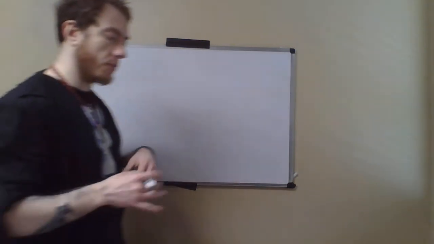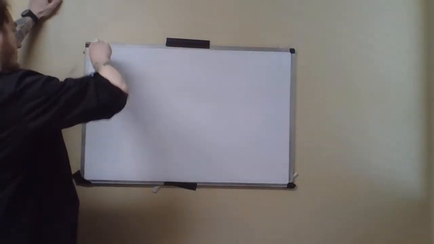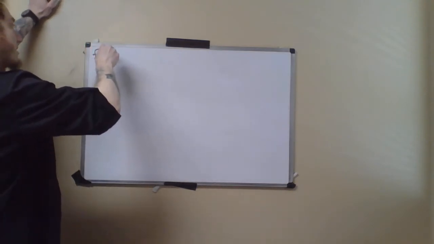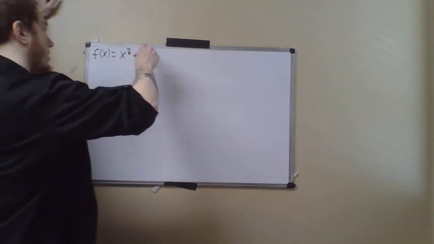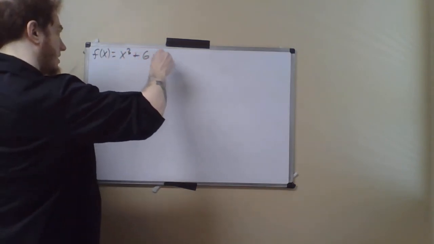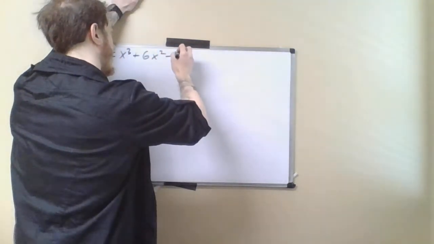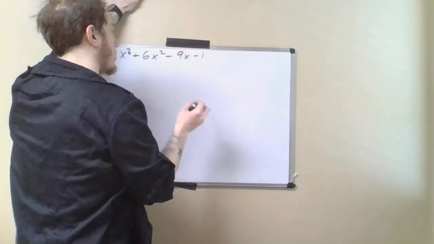Now, some people might find one of these techniques more difficult, and that's fine. But hopefully you will agree with me that this saves us some time and makes things a bit simpler. All right, so let's say that we want to work with the function f of x is equal to x cubed plus 6x squared minus 9x minus 1.